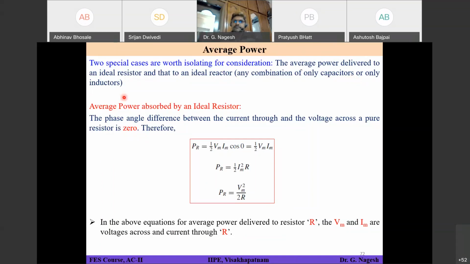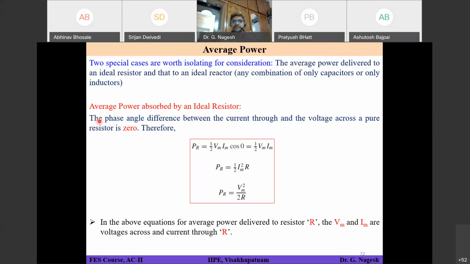So we are considering two cases: only resistance present in your impedance, and only reactance present in your impedance. Reactance can be a combination of a number of inductors or capacitors. We'll see what happens in that scenario. So, average power absorbed by an ideal resistor.